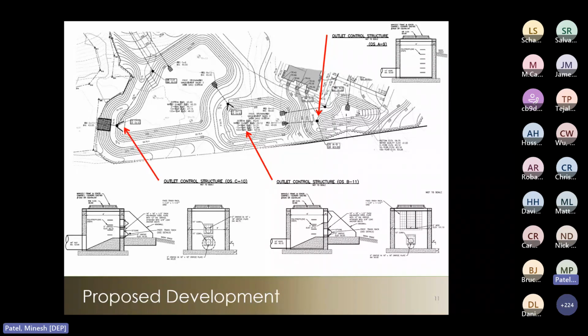Similarly, the lowest orifice at outlet control structure C10 is below the water surface elevation of the water quality design storm. In conclusion, basins 2 and 3 do not meet the design criteria for infiltration basins according to our BMP manual and would not merit the 80% TSS removal rating.